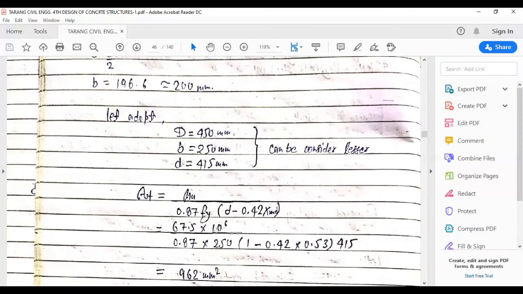Mu we know from here, 0.87 Fy as it is. The value of Fy is 250 because it is given as mild steel.